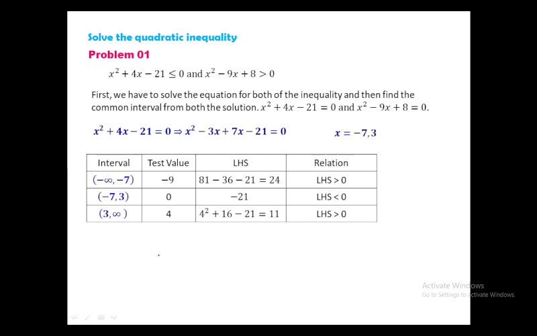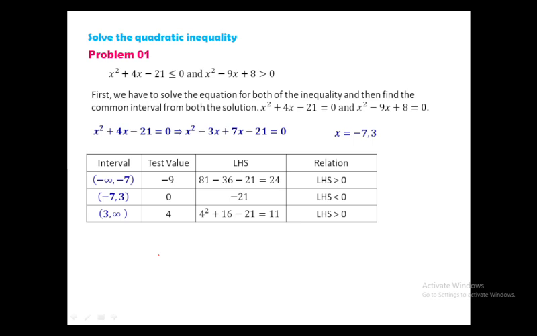So we can use the table with the test values. In test values, I have chosen -9 for the first interval, minus infinity to -7. Then I have chosen 0 as the test value in the interval -7 to 3, and 4 as the test value for the interval 3 to infinity. We test the values by substituting them in the inequality, and the LHS should be positive for the first, negative for the second, and positive for the third.